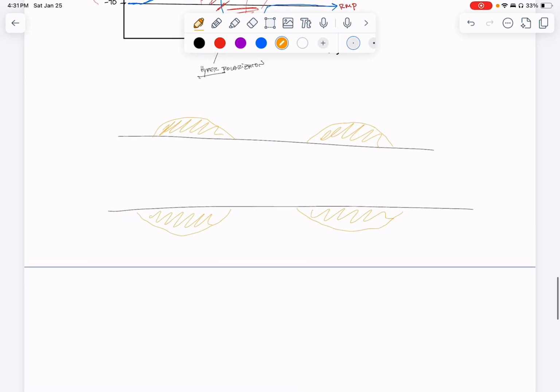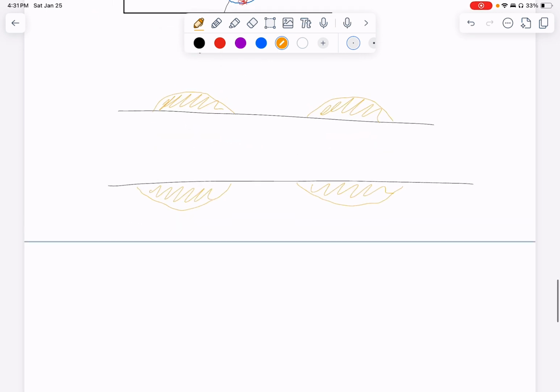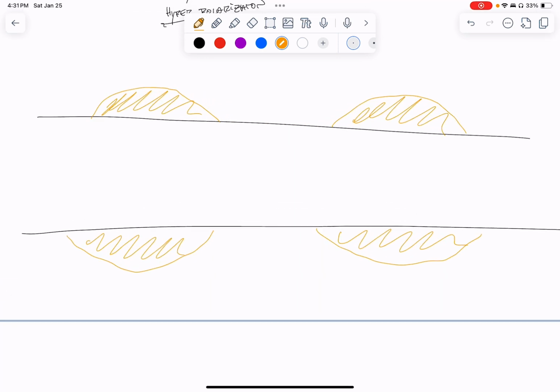And so when you have an action potential proceed, myelin is actually going to cause this signal to move even faster. And I'll explain why that is.